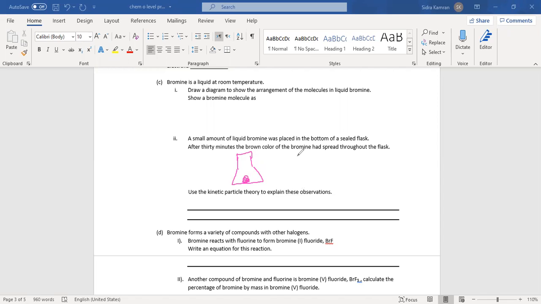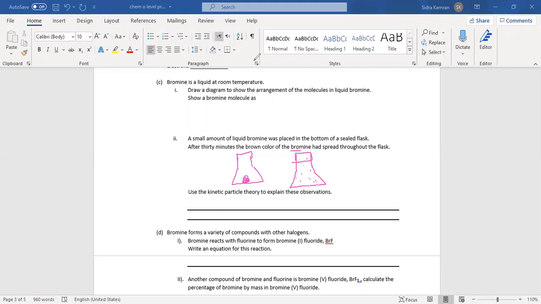After some time you will observe that the whole flask has brown color, which means the particles of bromine are diffused. Use the kinetic particle theory to explain this observation. So you have to explain this observation according to the kinetic particle theory.